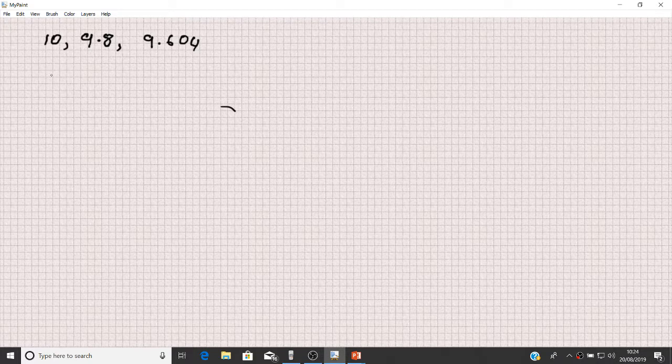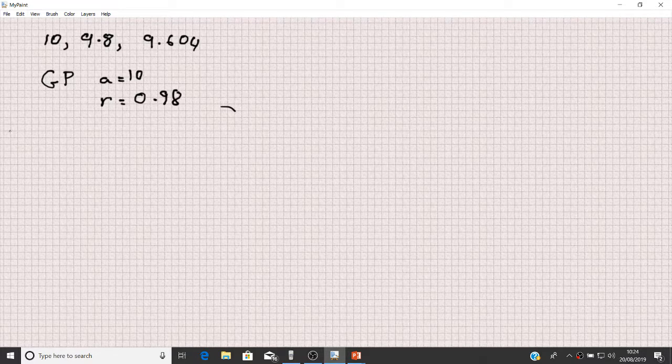So this is a GP, and we have A equals 10, and R is 9.8 divided by 10, or it's given to us as 0.98.